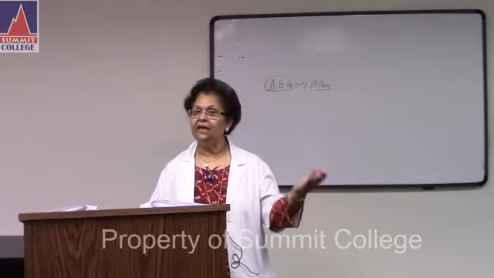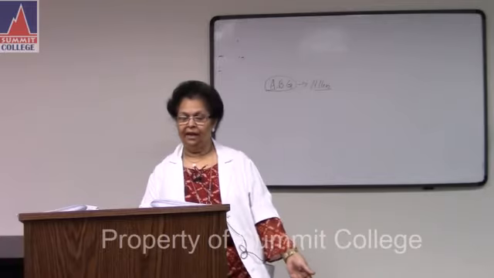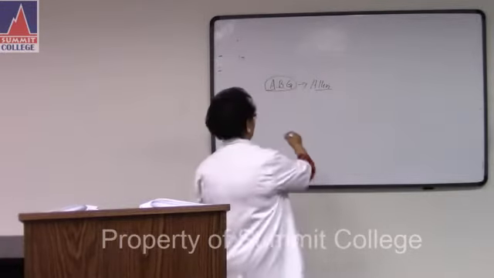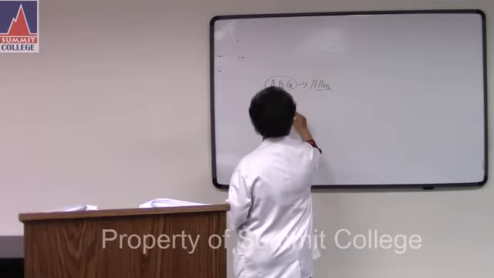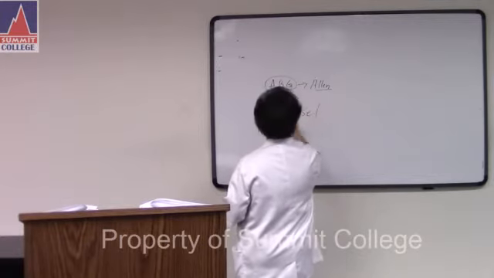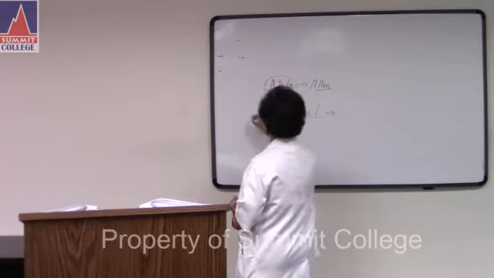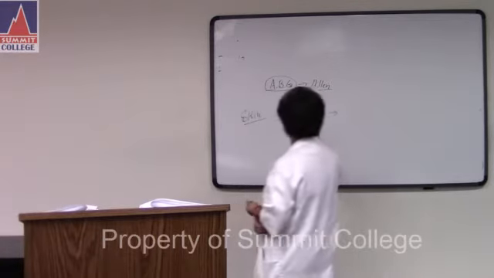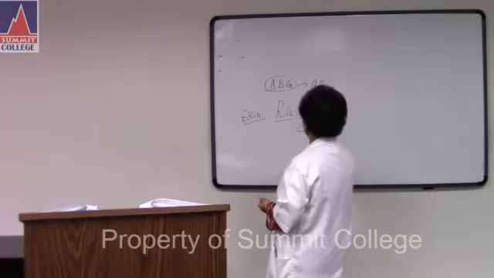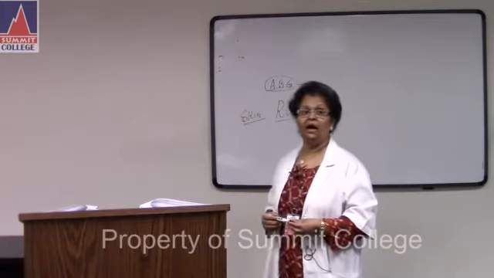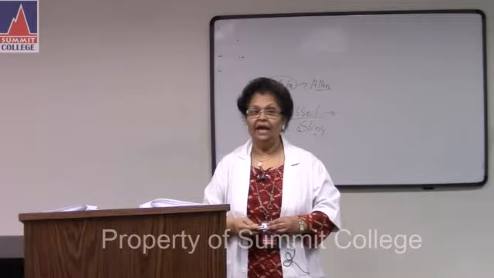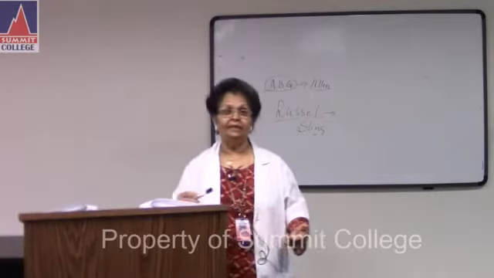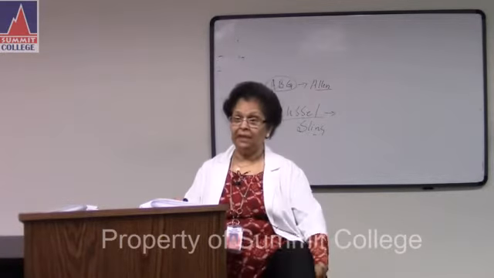Popliteal space is under the knee. And where do we monitor? Russell traction. Remember when I was talking about the traction? I said Russell traction is a skin traction. Write down the word, skin traction. But they have a sling, and the sling is going under the knee. And where do you monitor popliteal? Where is the popliteal space?